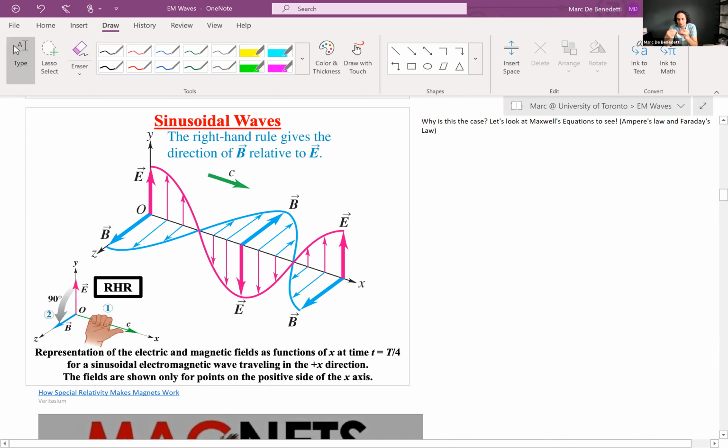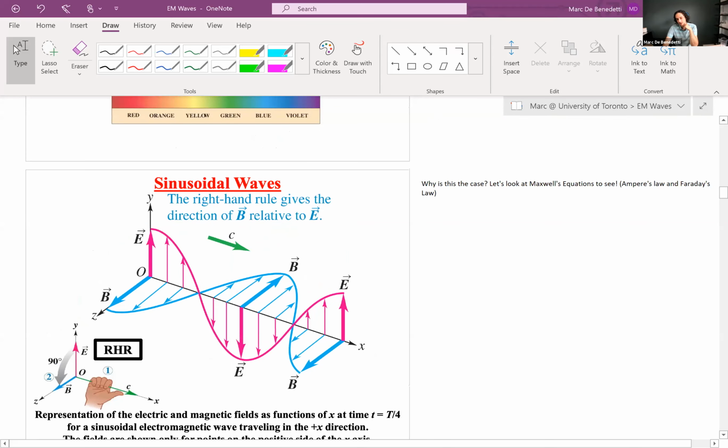The wave is physically an electric field that is oscillating sinusoidally, and the B field that is oscillating in phase sinusoidally. That is physically what a light wave is. Oscillating electric and magnetic field. I will come back to this shortly and explain why this is what light is and why there's an electric and a magnetic field together.